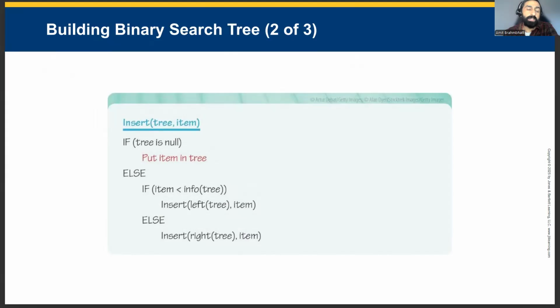Here is another illustration that shows how insertion would work in a tree. I suggest that you pause the video here and let the algorithm sink in. Basically, we see how insertion happens step by step, and that will help you visualize how the tree emerges and clarify the logic and recursive nature of the algorithm.